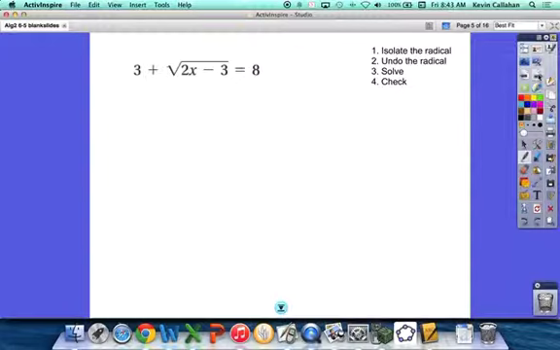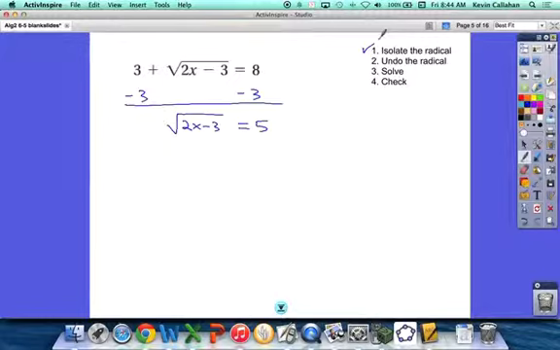How are we going to move it? Subtract 3, right? So now we've got the square root of 2x minus 3 equals 5. Have we isolated the radical? Yes. Now, how do you think we would undo a square root?